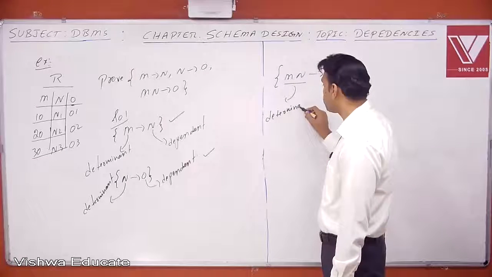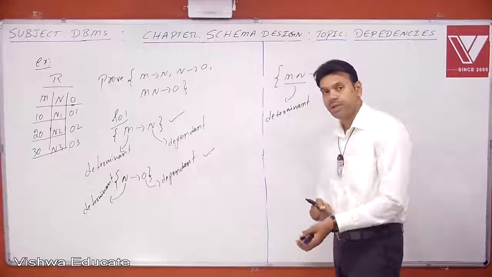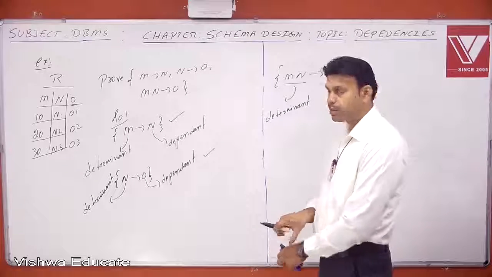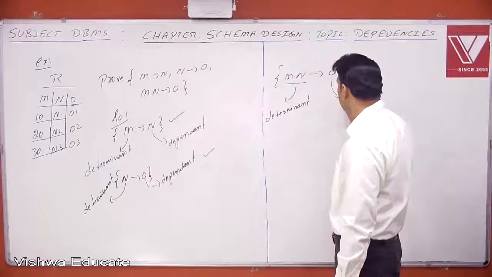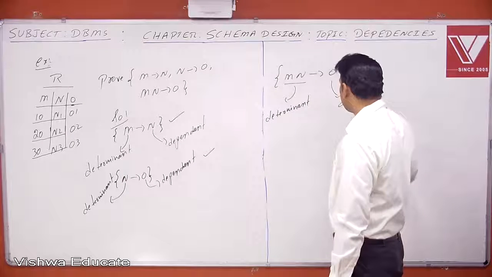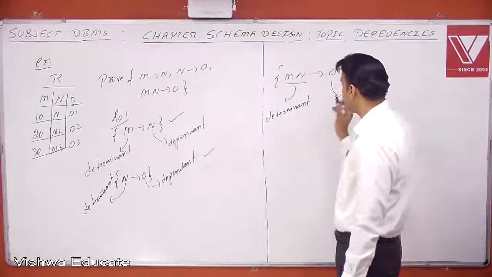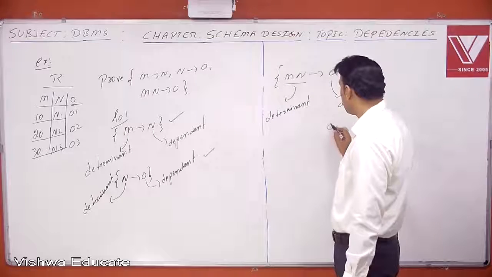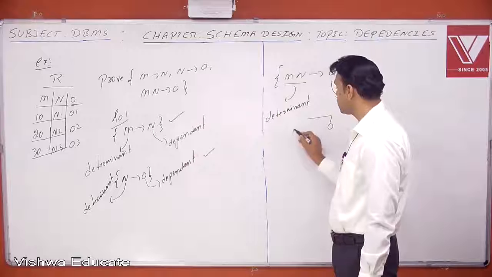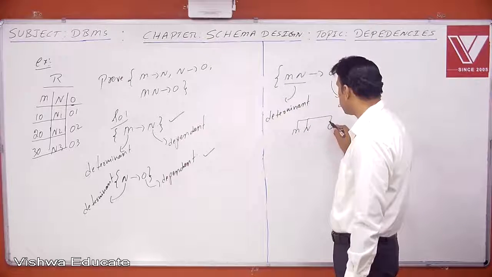Very important bit. MN together is what? A determinant. And what is O? Tell me. Dependent. So this time O depends on the M and N combination.